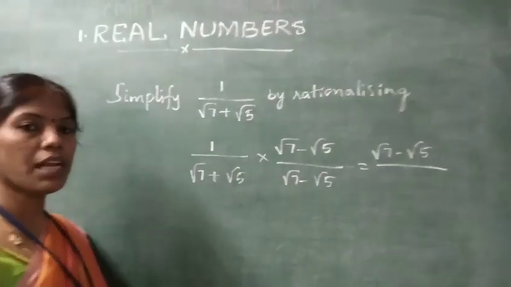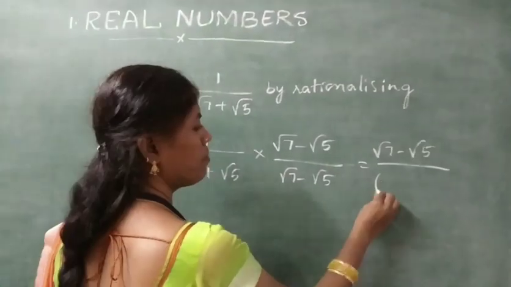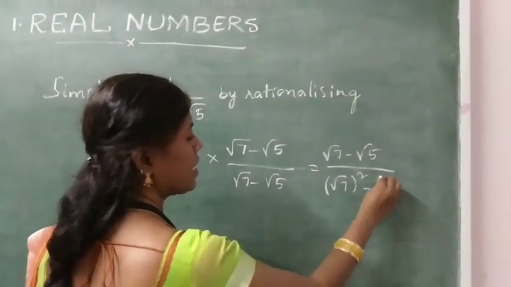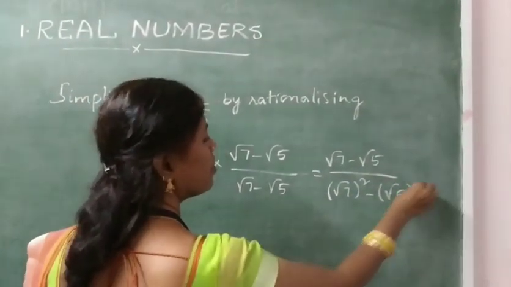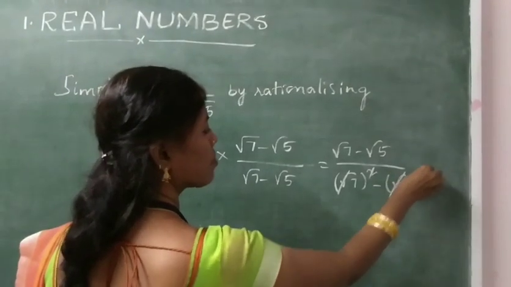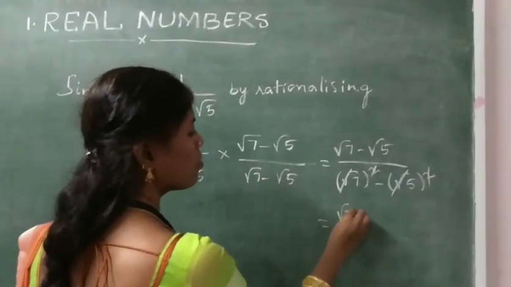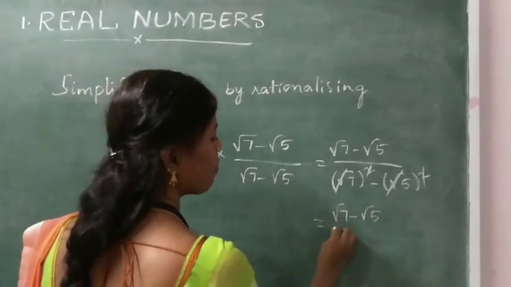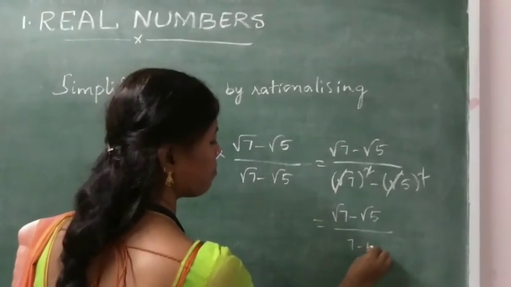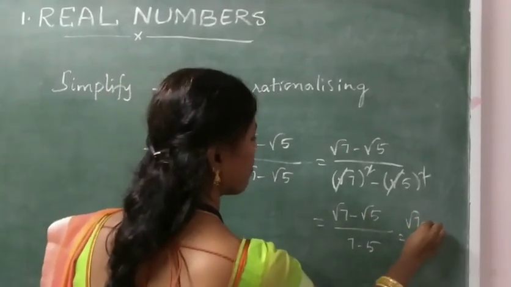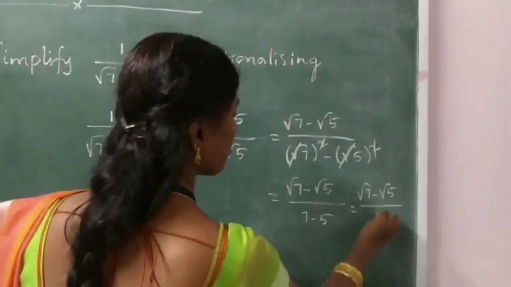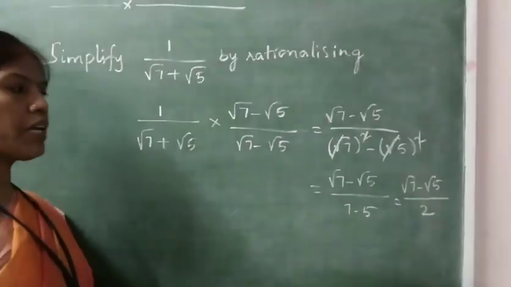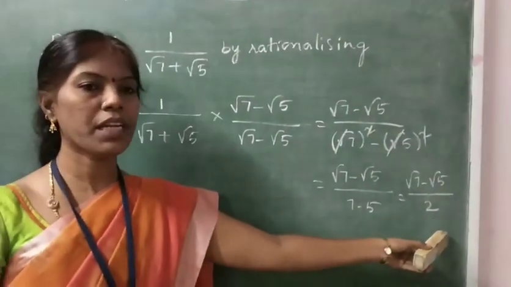What is a plus b into a minus b? A square minus b square. So root square gets cancelled, root square gets cancelled. What did we get? Root 7 minus root 5 by 7 minus 5. So 7 minus 5 is what? 2. So we have rationalized the denominator.